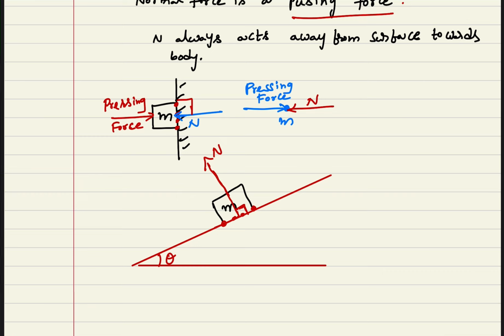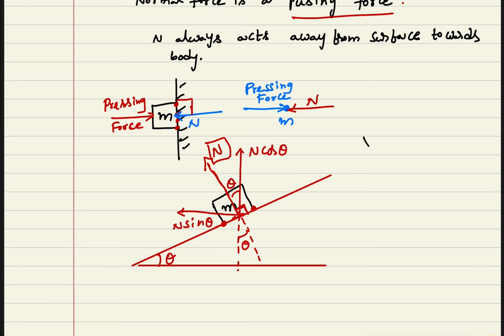If you want to resolve the normal reaction into x-axis and y-axis, theta is there, we can make the lines like this. This angle will be theta and this angle also theta. We can resolve n cos theta and n sin theta terms. The main force is the normal reaction.